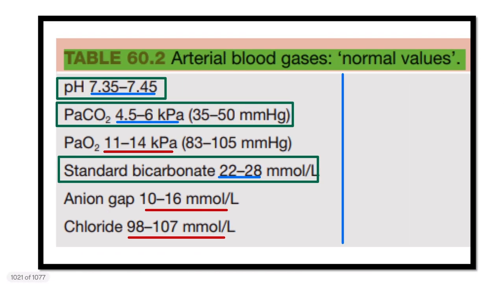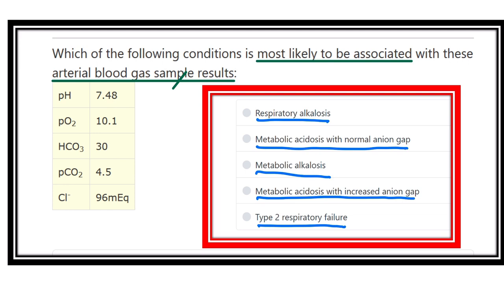Now solve the question. First of all, pH is 7.48. The normal range is 7.35 to 7.45, so it is more than 7.45. That means it is alkalosis. But what type of alkalosis?